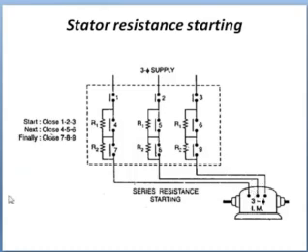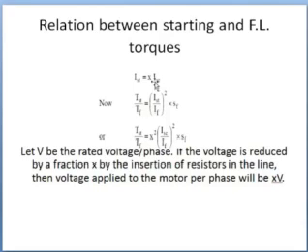So the current drawn by the rotor circuit will also be x times, since the voltage is x times. This x value varies between 0 and 1, so we can see the starting current will also reduce.